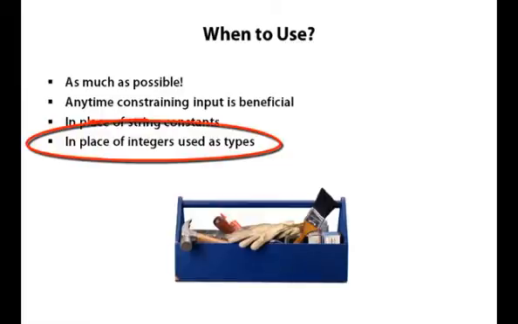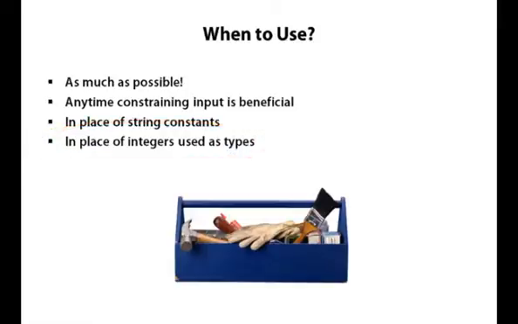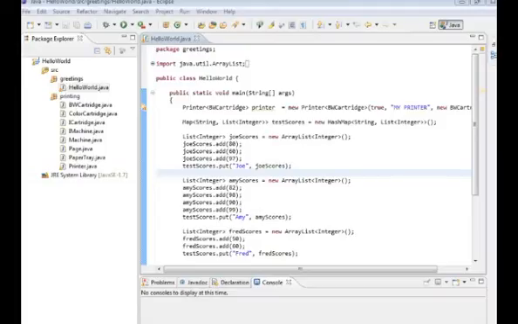A good example of this is that month example where we're passing in an integer to represent a month of the year, a type basically, a type of something. Maybe you have some kind of command processing system and you're using integers to represent the different types of commands, command 0, command 1, command 2, and you basically have mapped them to some name that you give them. Instead, an enumeration might be more beneficial.